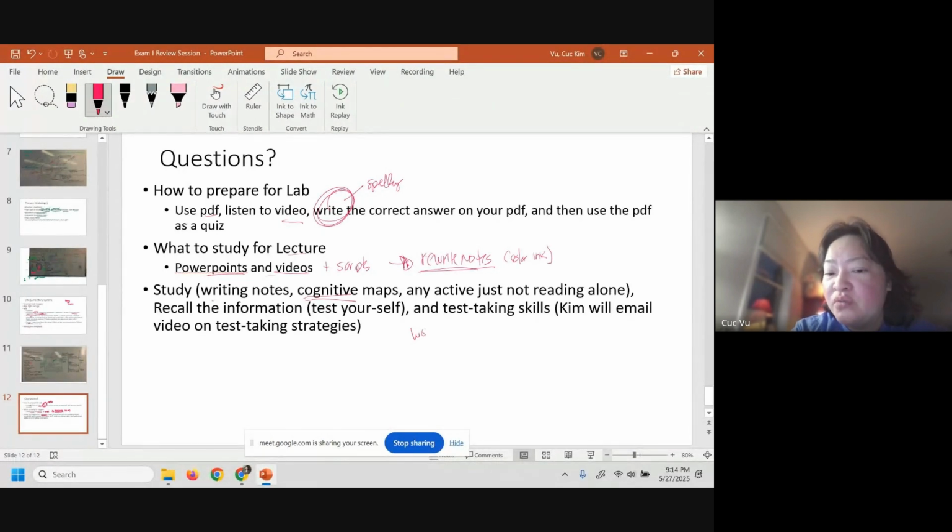So when you do the worksheets, now not all the worksheets are part of your assignment, but I do provide worksheets every week for every chapter. You should do them as if they were your assignments. The first time you do a worksheet, do it without any notes in one color.